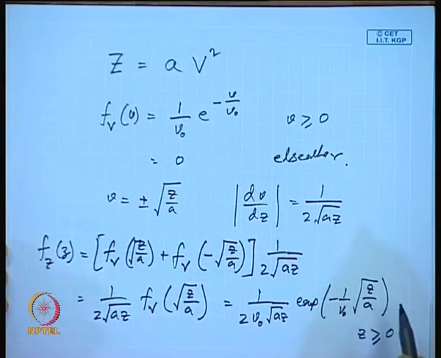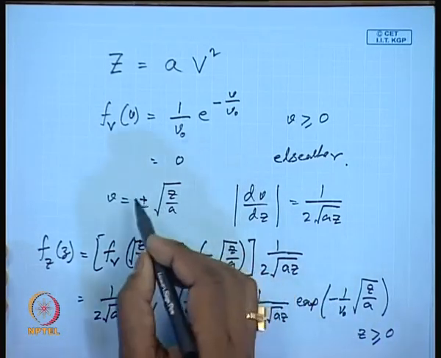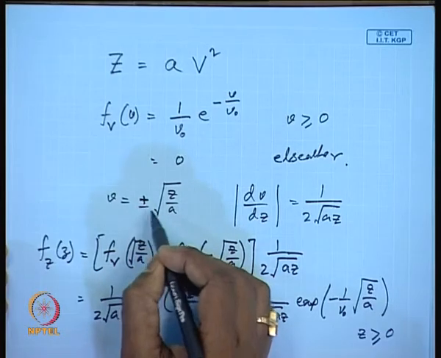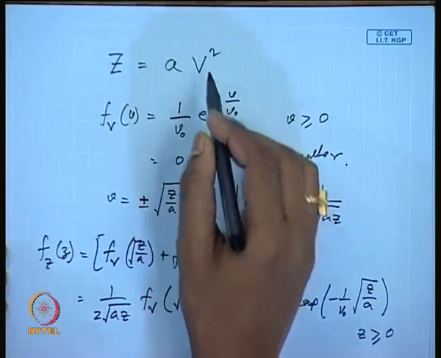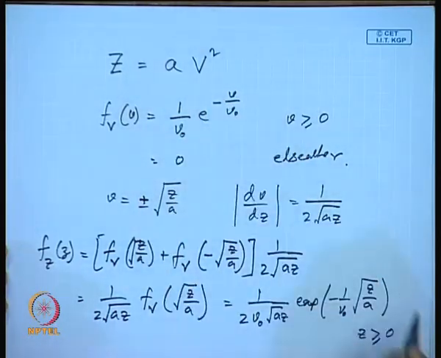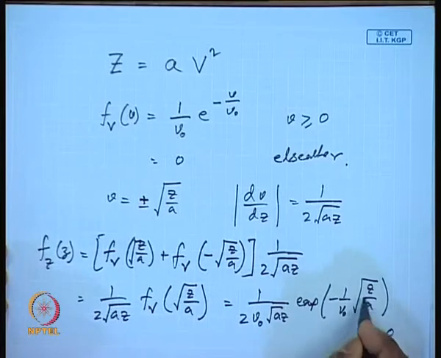So here we have seen that even though there are other roots, we should not consider those roots which are outside the support of the random variable v. So the distribution of z is 1 by 2 v naught square root of a z, exponential of minus 1 by v naught square root of z by a. Here the support is z greater than or equal to 0.